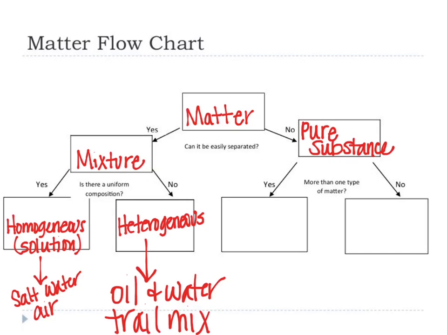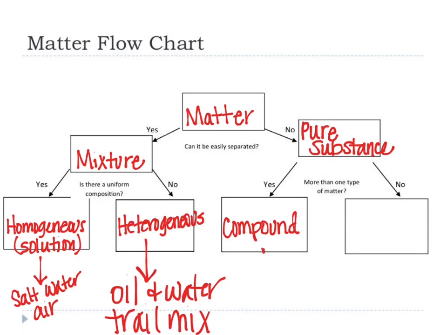Okay? A pure substance. And a pure substance can be broken down into two sections. If it is made of one or more types of matter.